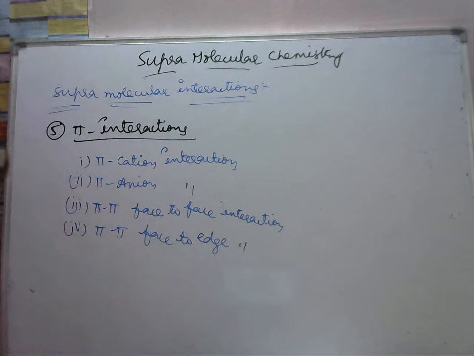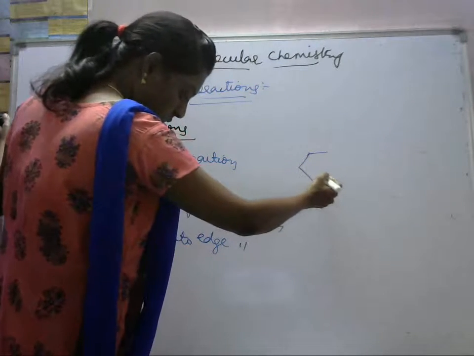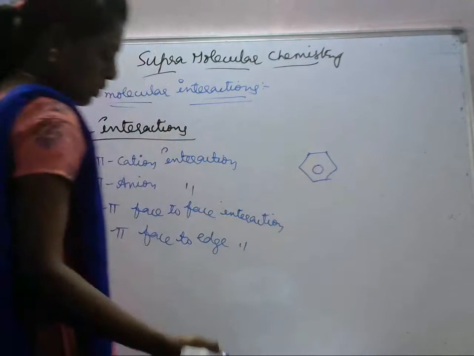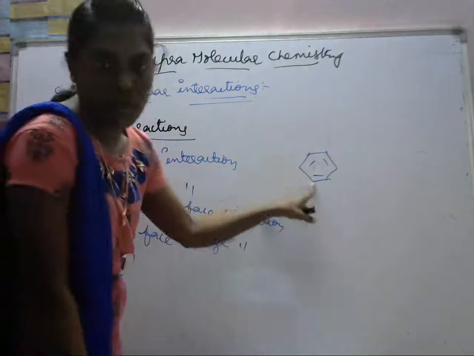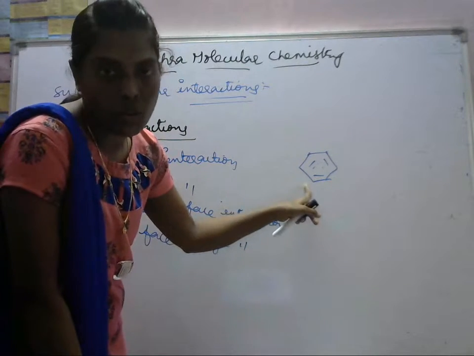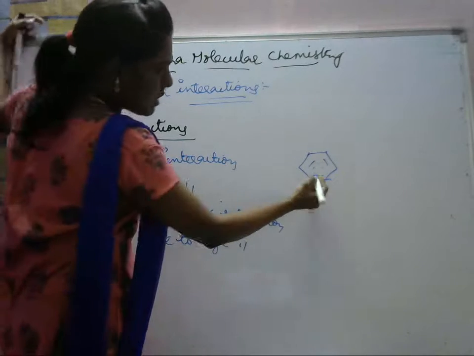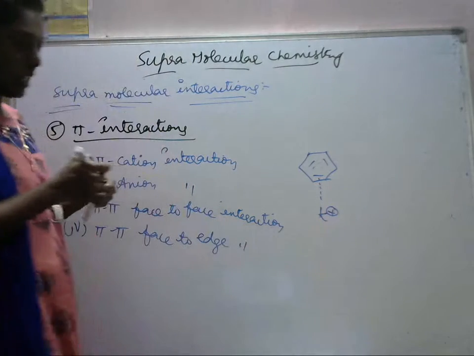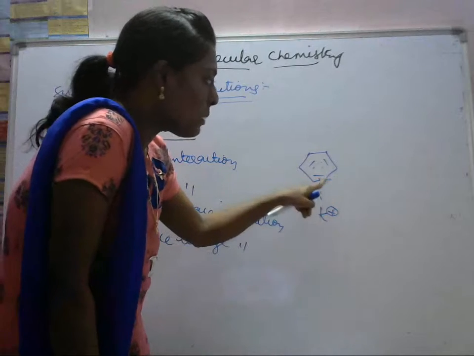Let's see how it will be formed. Actually we are having this one. Which bonds are there? These are the pi bonds. This benzene, the aromatic ring, has pi bonds. If K plus is here, then it is called this type of interaction, because a cation is present and pi electrons are there.